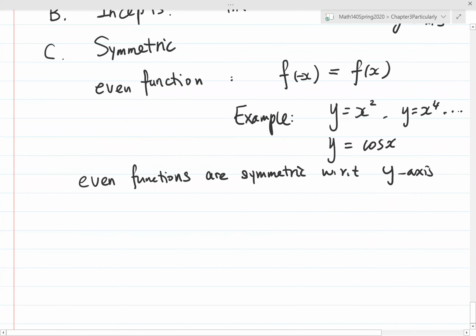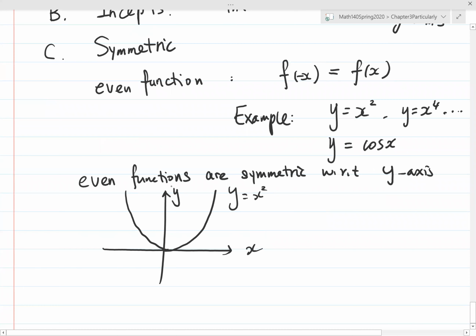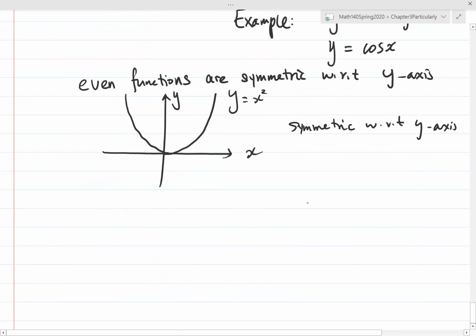For the examples that we gave, for instance y equals x squared, you see this is symmetric with respect to the y-axis. Now cosine x: y equals cosine x.